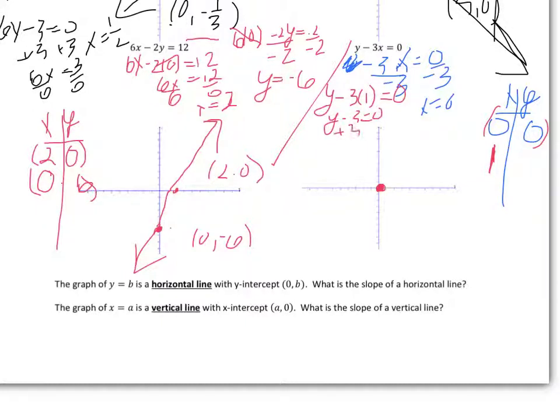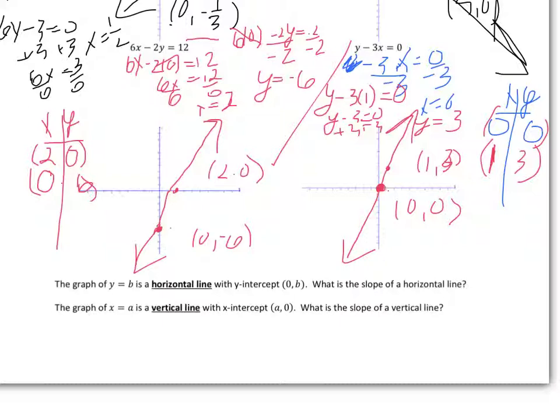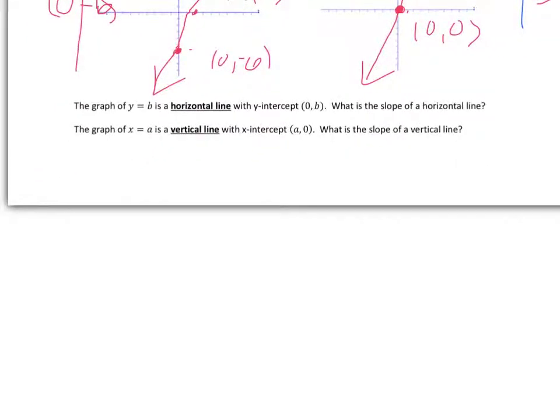Add 3. And we get y equals 3. So when x equals 1, y equals 3. So we can plot that point, (1, 3). So we have (1, 3), we have (0, 0), 2 points uniquely determine the line, and that's what's going on with that right there.